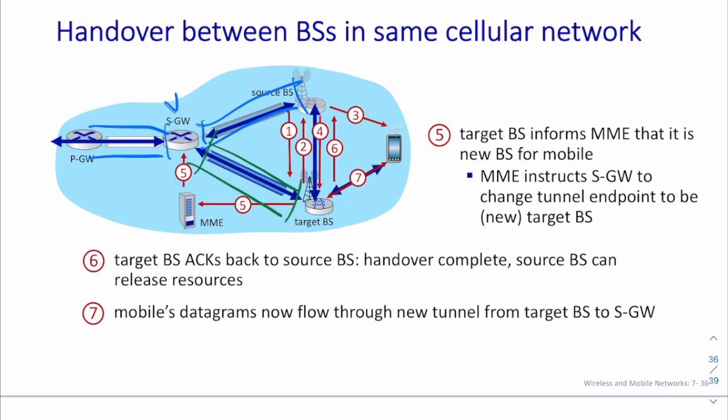Then after that, the S gateway creates a new tunnel, so the new packets will directly go to the green tunnel. So number 6, the target BS tells the source BS handover complete. The source BS can release the resources, and the mobile's datagrams now flow through the new tunnel from the target BS to the SGW.